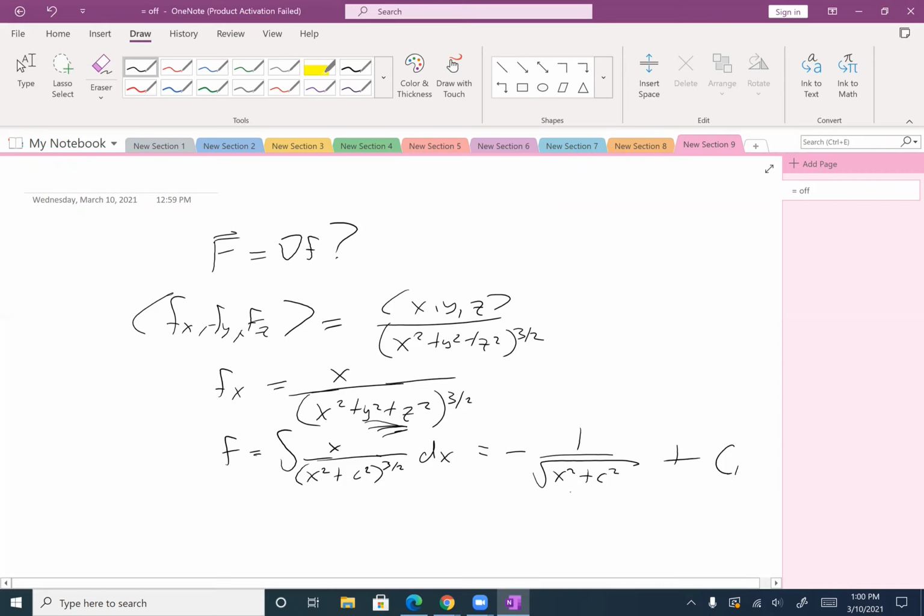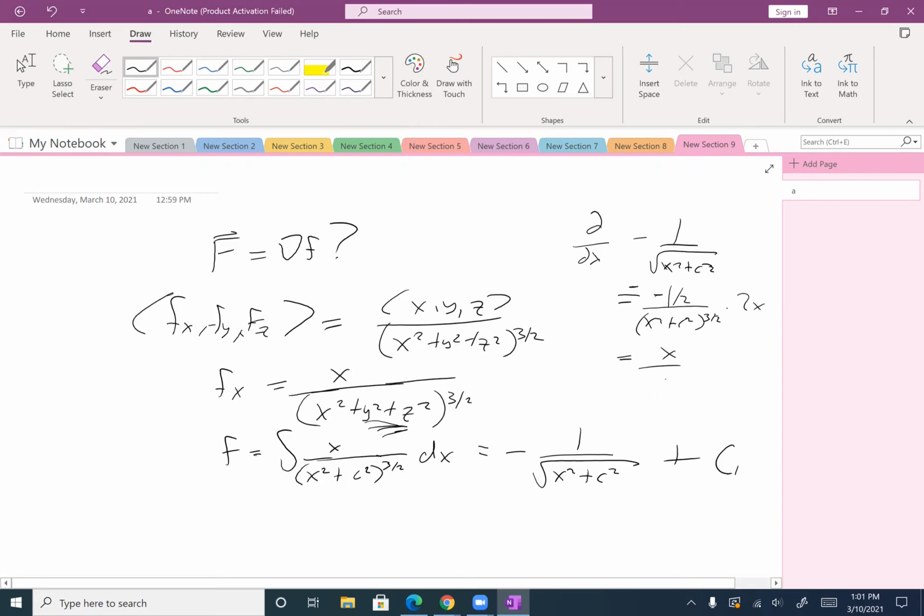right? Because if you differentiate this, we should get, by the chain rule, something like this, right? So I think that works.